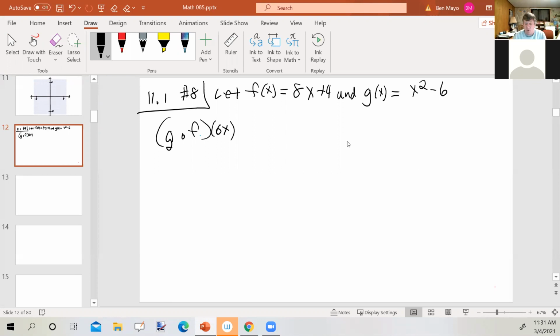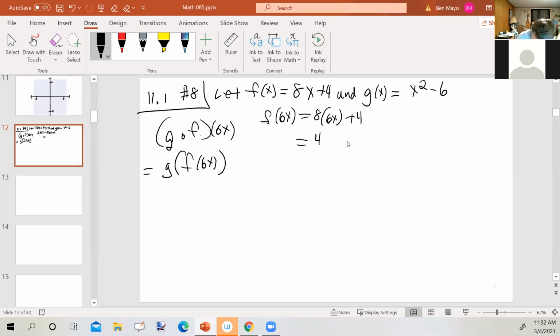So g composed with f of 6x is equal to g of f of 6x. So first of all, we need to find f of 6x. F of 6x would be 8 times 6x plus 4, which is 48x plus 4.